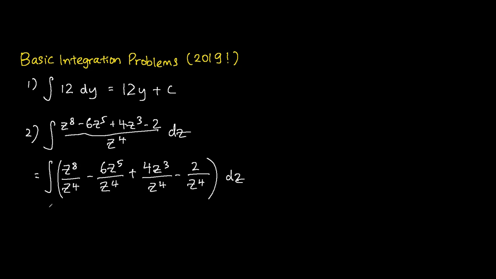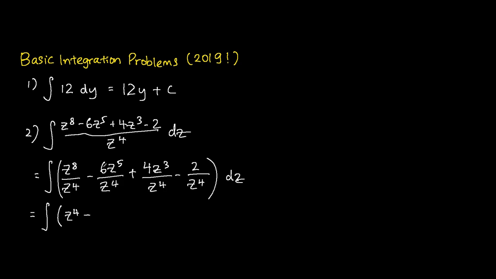So this is equivalent to working out the division in each individual term. For the first term, z to the power of 8 divided by z to the power of 4 is z to the power of 4.